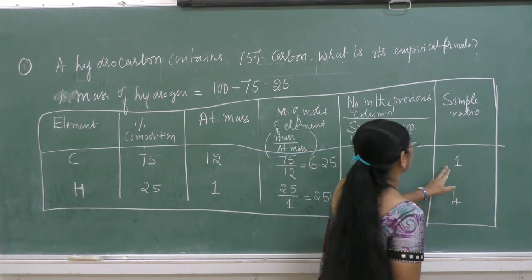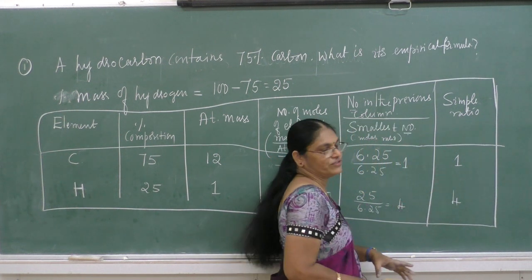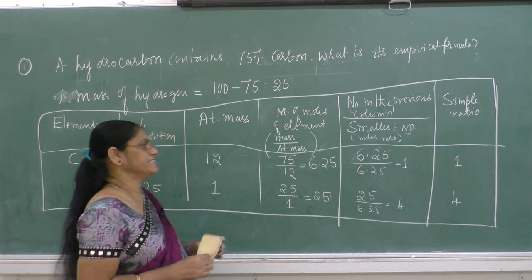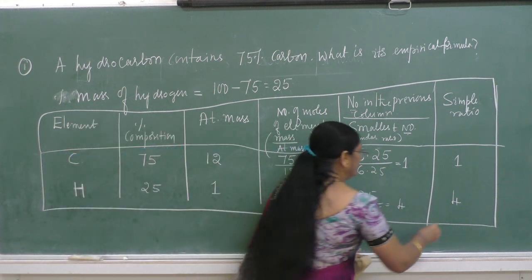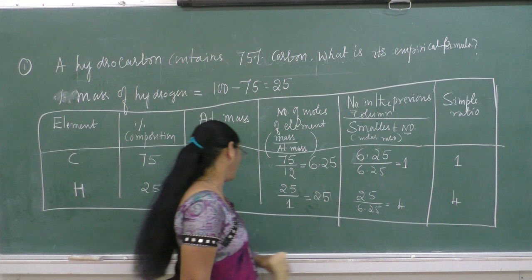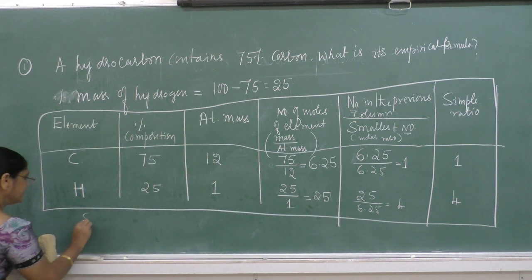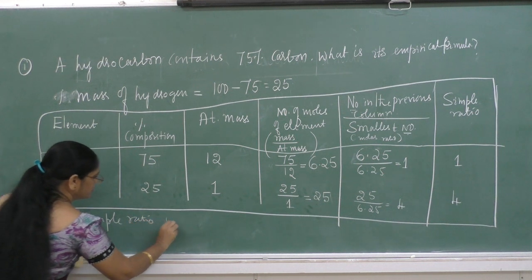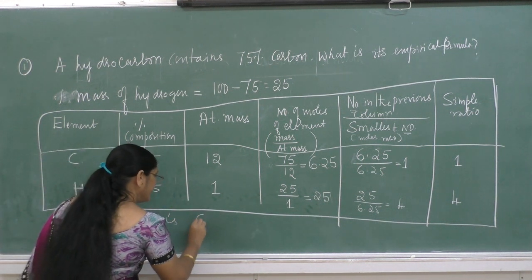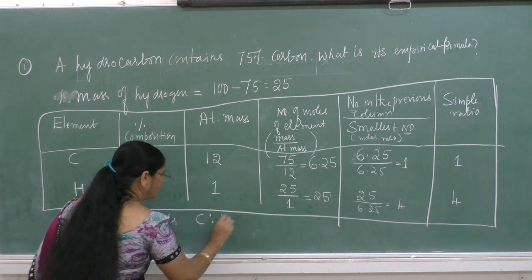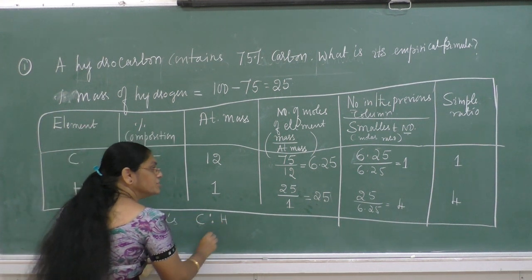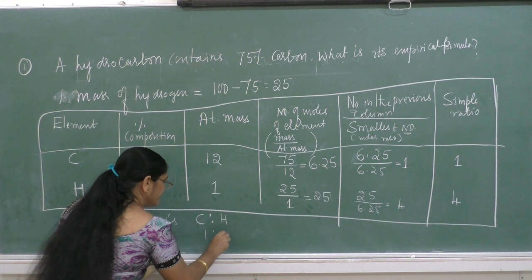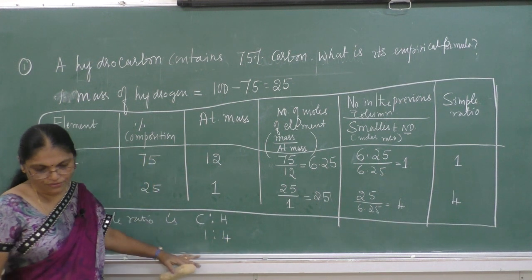So therefore, the simple ratio of the different atoms present in the hydrocarbon is 1:4, that is the ratio of carbon to hydrogen.